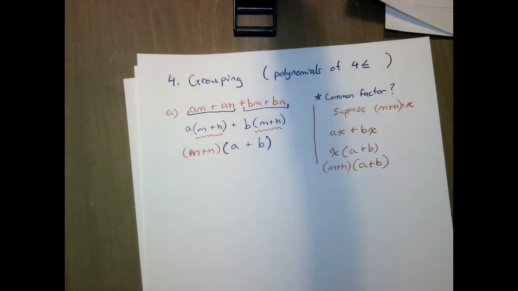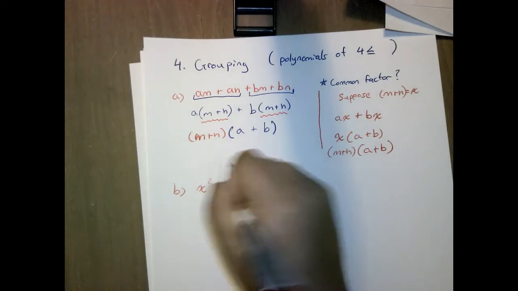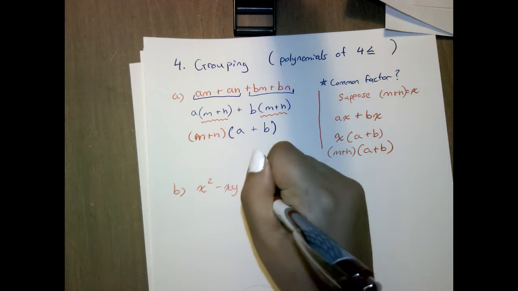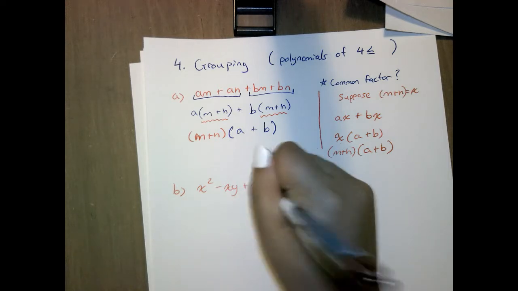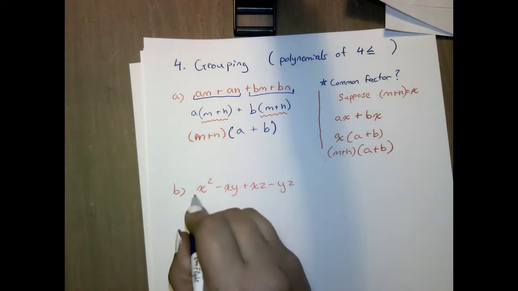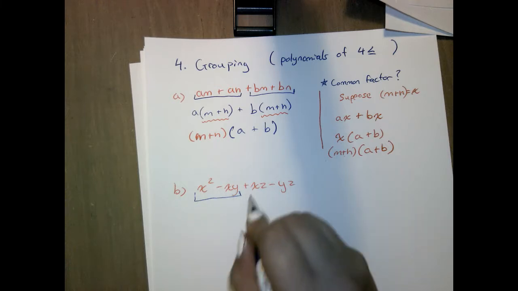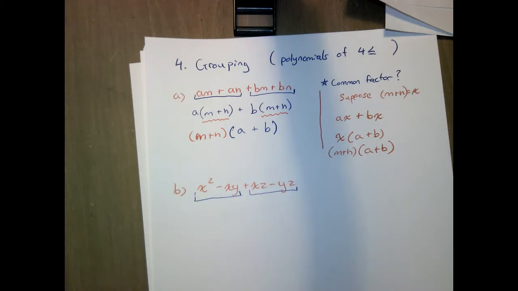Let's look at another example of factoring by grouping. So let's look at this example. Let's say we have x squared minus xy plus xz minus yz. So what I'm going to do is I'm going to look at all my terms, and well, I can factor out something from both of these terms, and I can factor out something from both of these terms.